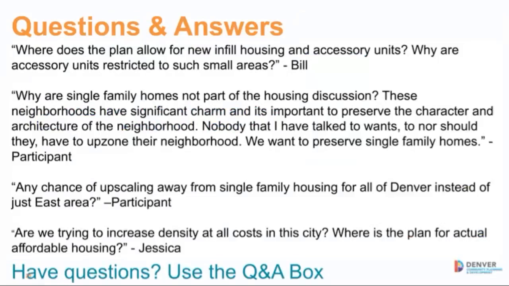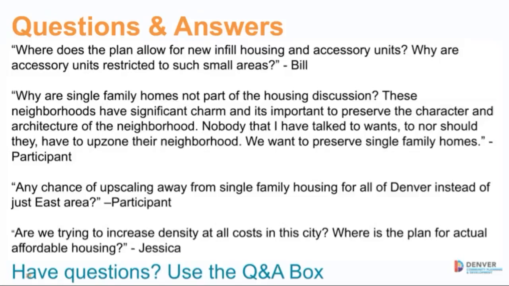We received a lot of questions about the new housing options in the neighborhoods. So I'll just read a couple of the questions we got ahead of time. One is, we got this from Bill, where does the plan allow for new infill housing and accessory units? I think there was some confusion about whether we were restricting accessory units to only small areas. From another participant, why are single-family homes not part of the housing discussion?